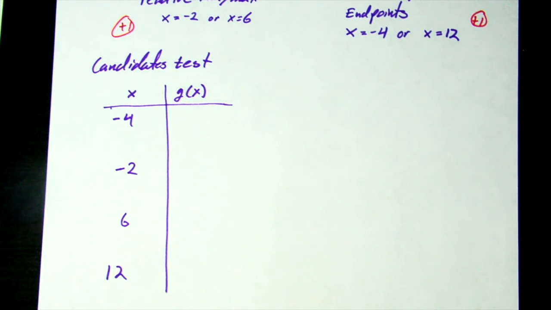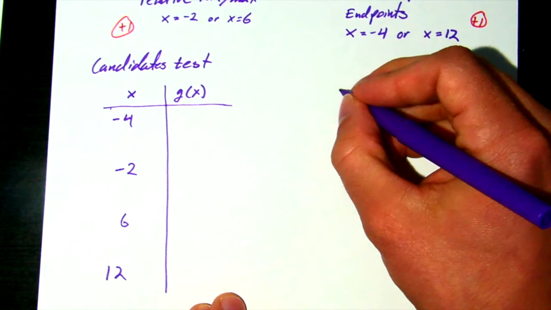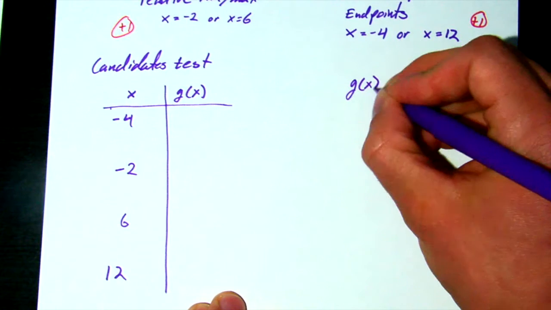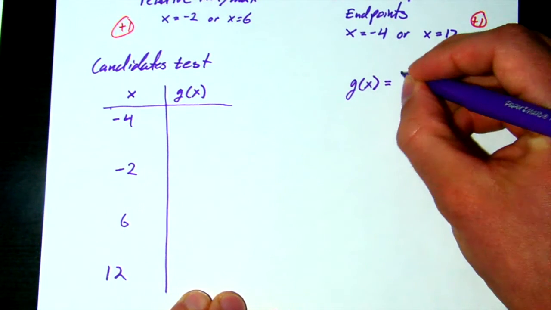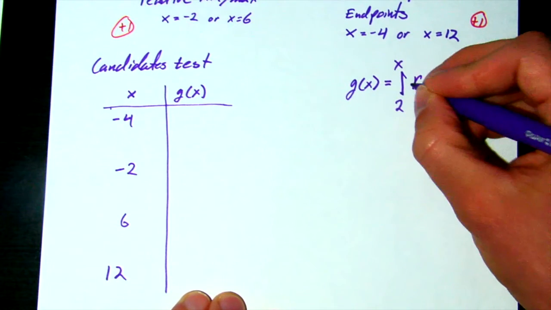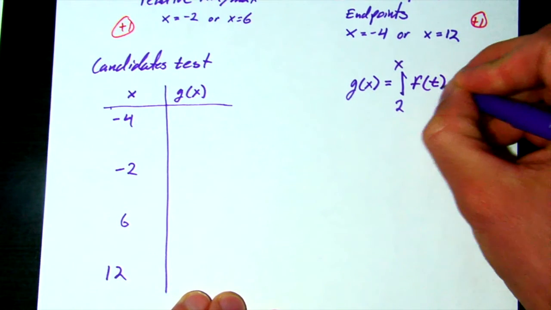Now, what's important about this problem is that g of x is equal to the integral from 2 to x of f of t dt.